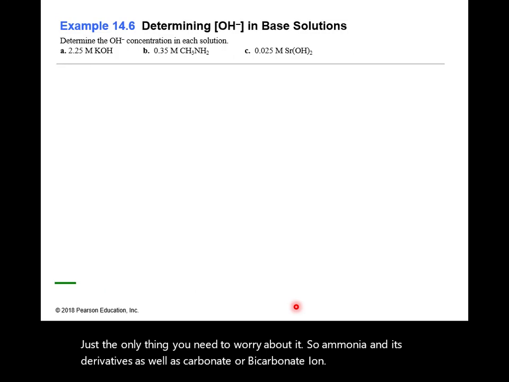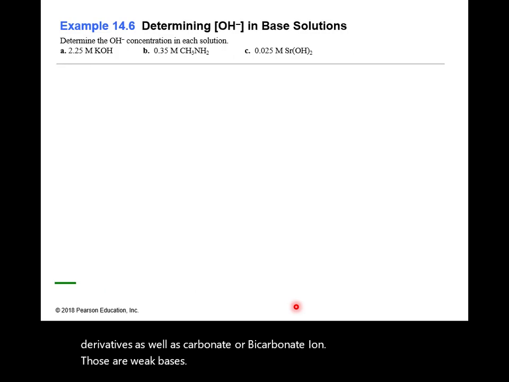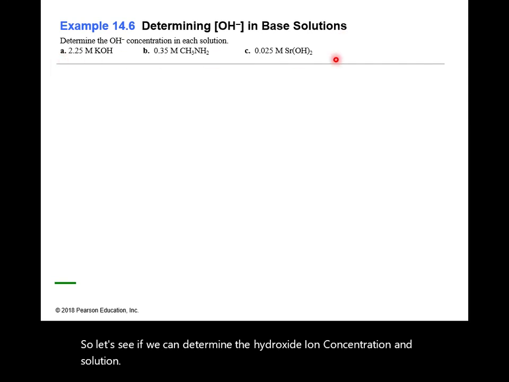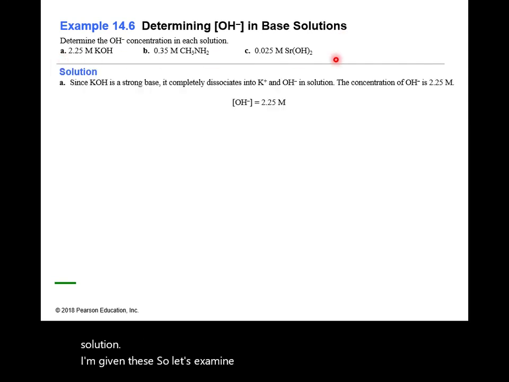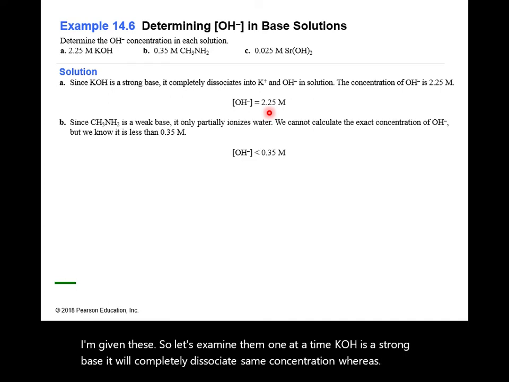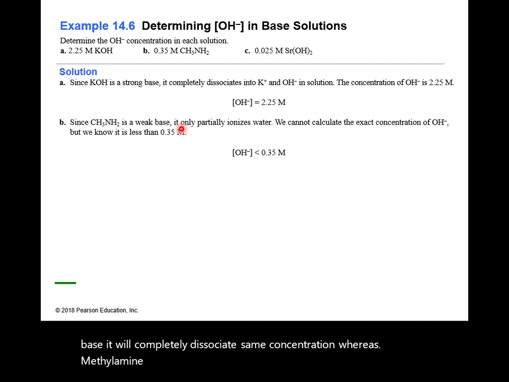Those are weak bases. So let's see if we can determine the hydroxide ion concentration in solution. I'm given these, so let's examine them one at a time. KOH is a strong base. It will completely dissociate, same concentration. Whereas methylamine is actually a weak base, so the concentration is going to be less.